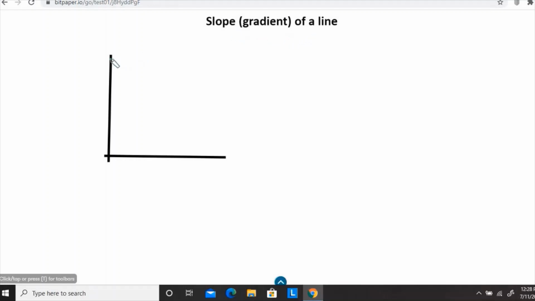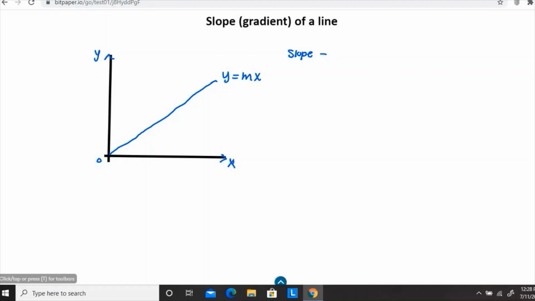That is very important. Again, we'll consider our xy coordinate system, and then I'll draw our y equals mx line that goes through the origin like this. The slope or the gradient is defined in this way.